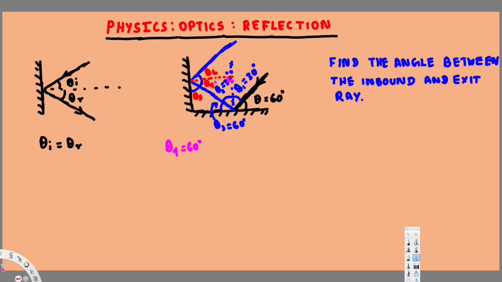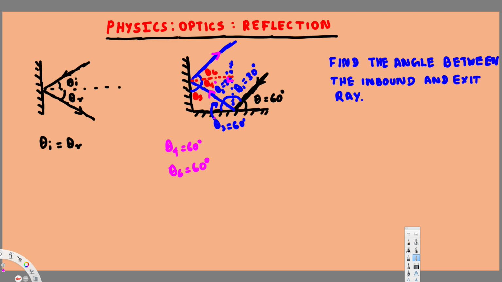If this is 60 degrees, then according to the concept, the angle of incidence must be equal to the angle of reflection. Here this line is reflecting on this side. So this is the angle of incidence, and that is 60 degrees. Therefore, the angle of reflection must be 60 degrees. Theta 6 must be 60 degrees.